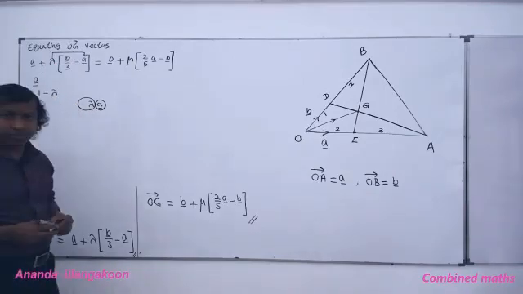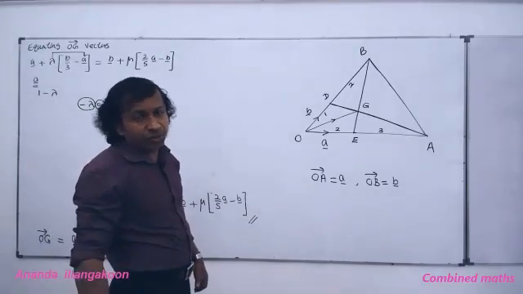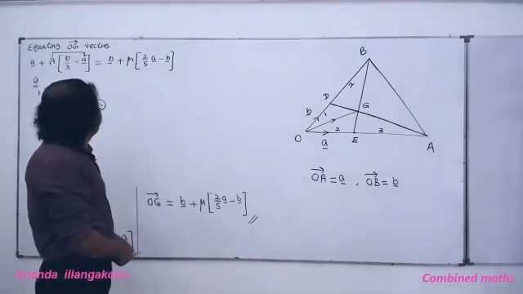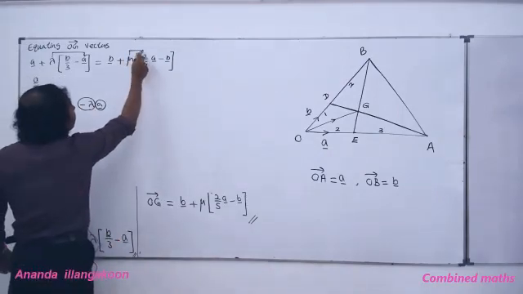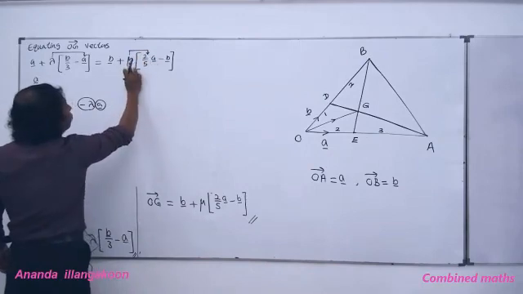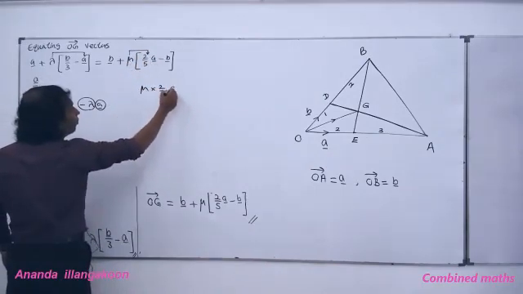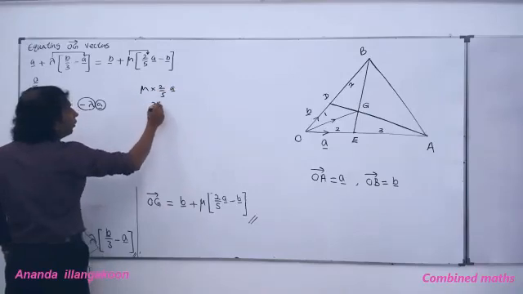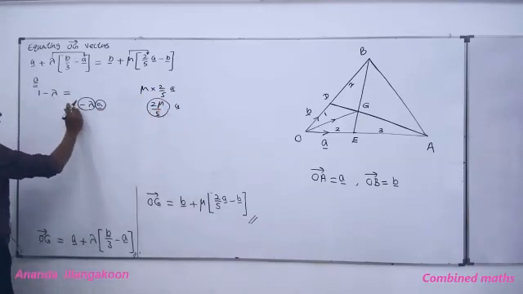Left hand side, simple a coefficient is 1 minus lambda. Right hand side, you write mu multiplied by 2 by 5 simple a. What is this? 2 mu divided by 5. It is the coefficient of a. Then this should be equal to 2 mu by 5.